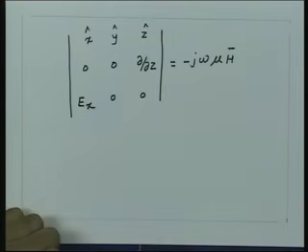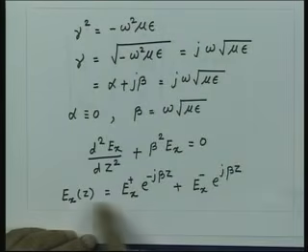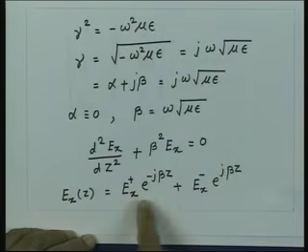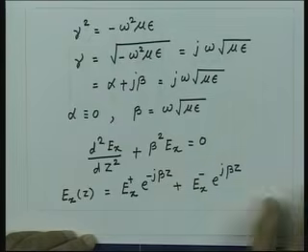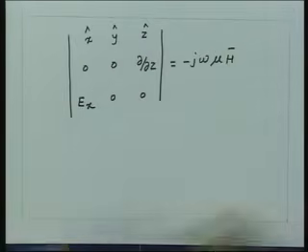And Ex now is a solution which has two components representing two travelling waves. So, I can substitute this E here.